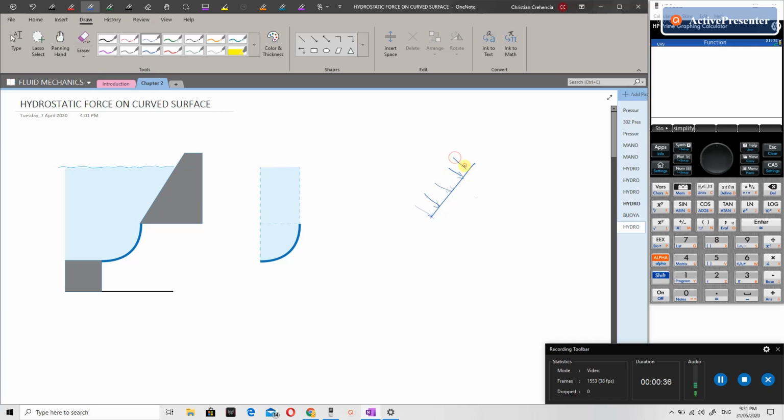Since this is a plane, all components of the hydrostatic force, if we take it by part, have the same direction. So we can easily get our resultant force.